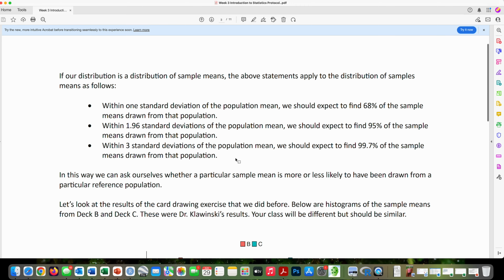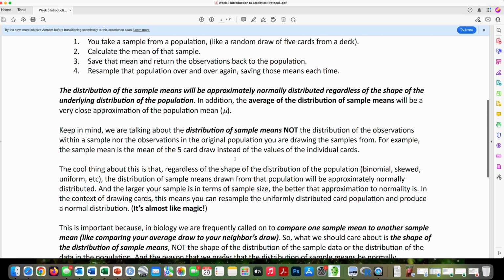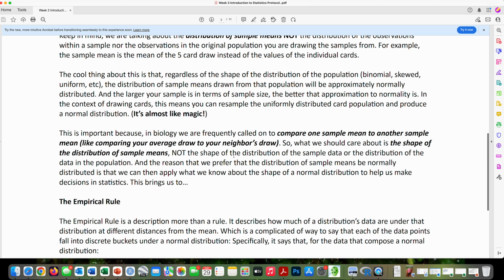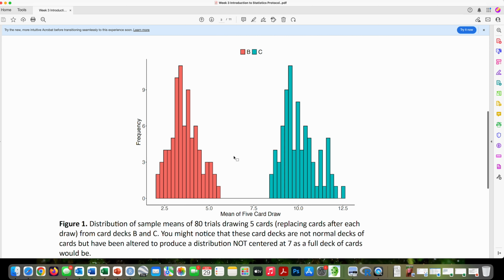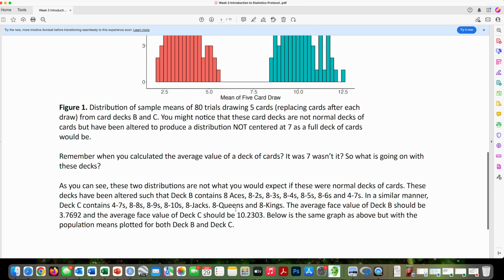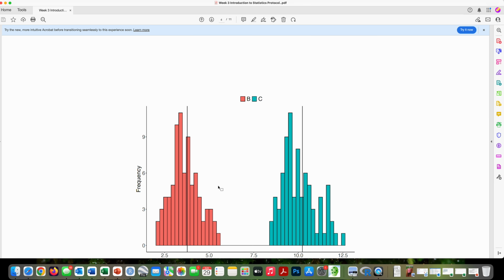So up here, I've told them what the population means are, because I've told them what is in Deck B and Deck C, and so we can calculate the population means and plot them there. That's not the mean of the sample means, that's the population mean.